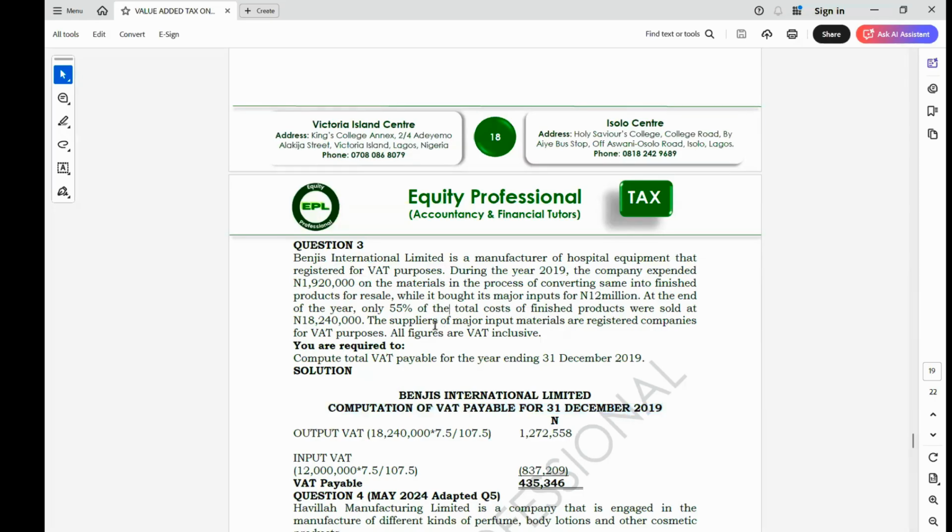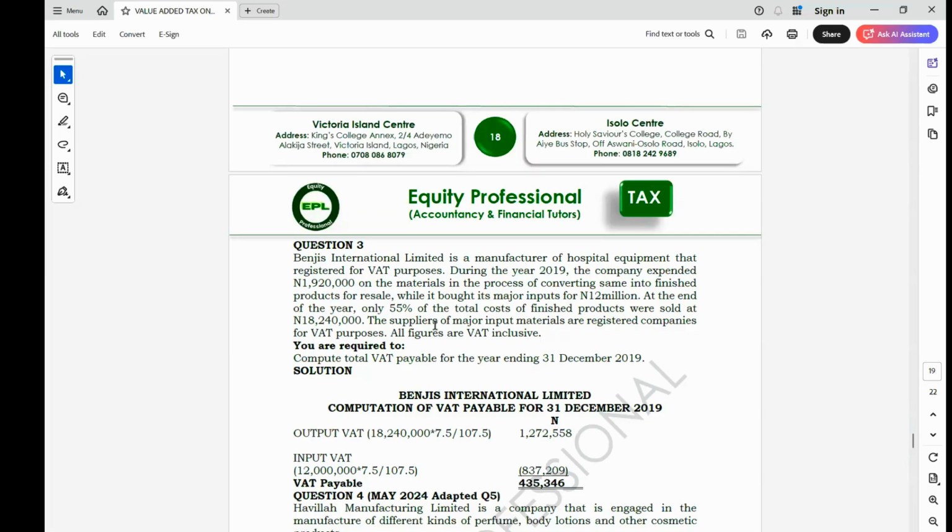As you can see, this question did not ask us whether to adopt the invoice credit, subtraction, or addition method. Please, in a question like this, you have to adopt the credit method, because that is the method we use in Nigeria.